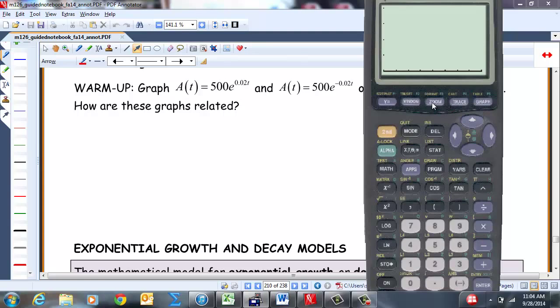So that's not very illuminating. Let's just go to Zoom Standard. Oh, we have 500 as a multiplier, my bad. Let's go to Zoom Fit. There we go.